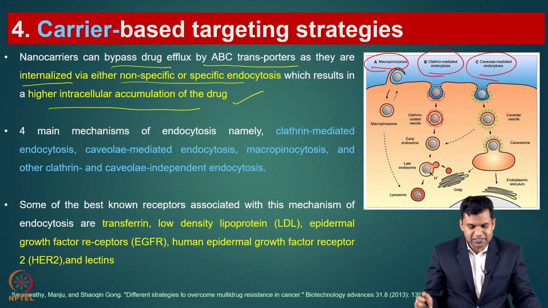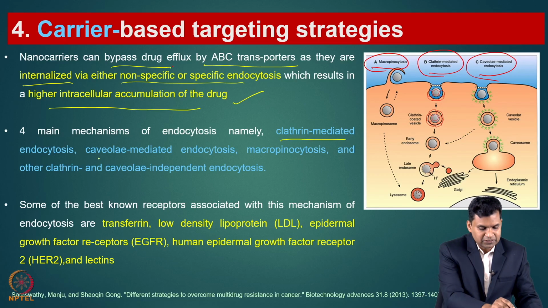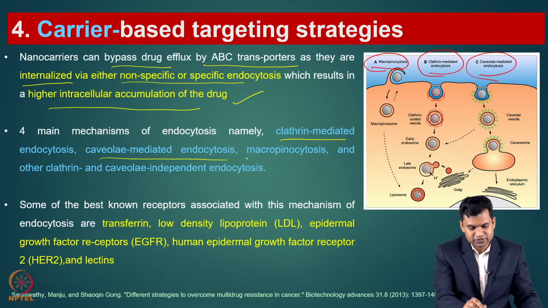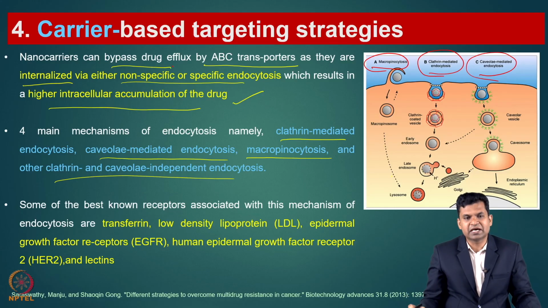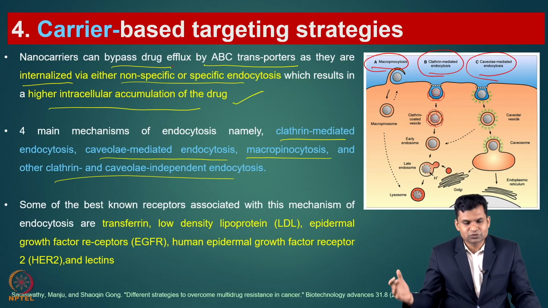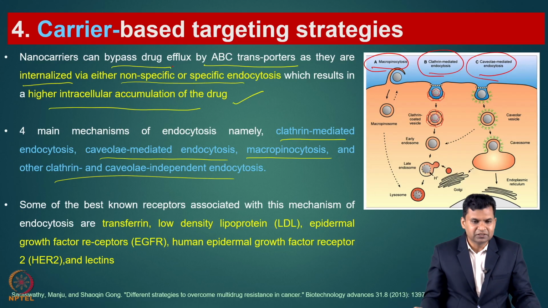These are a few examples: clathrin mediated endocytosis, caveole mediated endocytosis, macropinocytosis, and clathrin and caveole independent endocytosis. These are the various systems with which you can use the carriers and they will undergo cell uptake. Further, they undergo endosomal lysis, and then lysosomal processing happens at acidic pH, and then your carrier will be released and show the response.